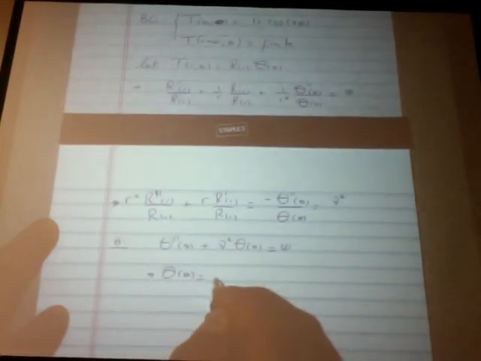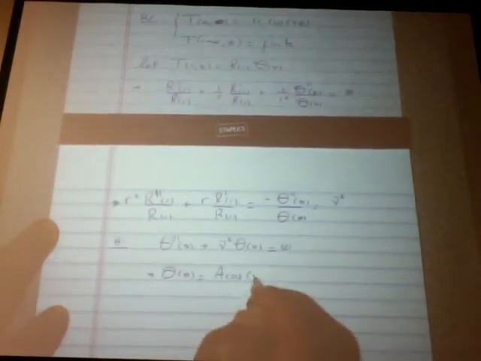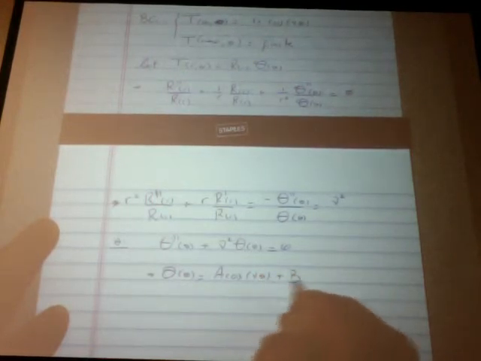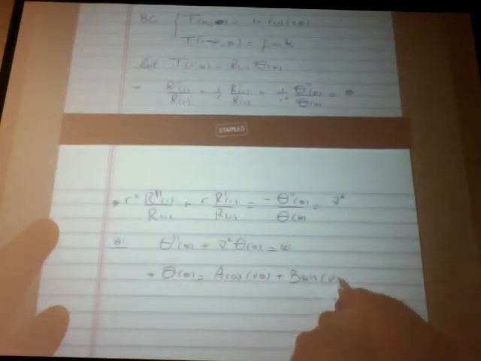So in the theta direction, remember we have Theta double prime of theta plus mu squared Theta of theta is equal to 0, which would lead to a solution. We've done this again. A cosine of nu theta plus B sine of nu theta.